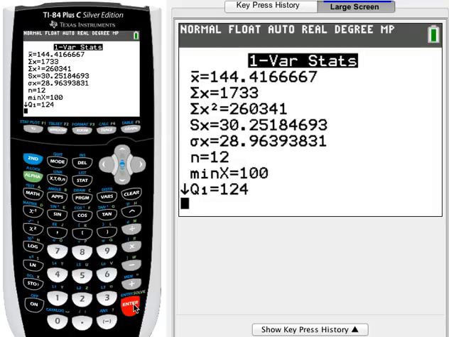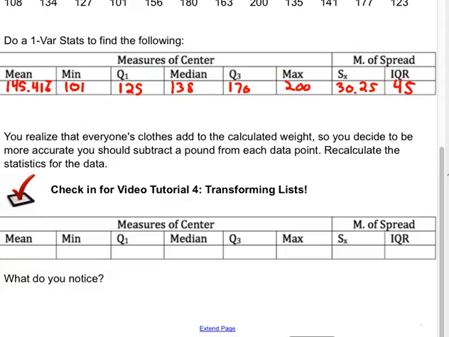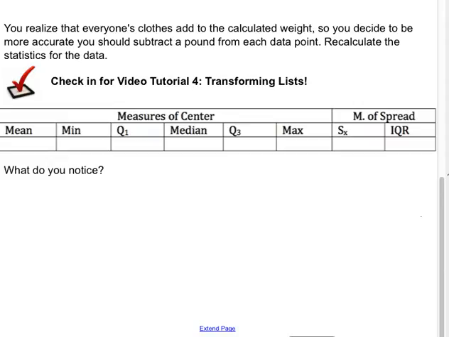And let's calculate. Looking at this, let's go back and compare these values to what I had originally. Scrolling through all of these values, the mean is 144.416 repeating. My minimum is 100.